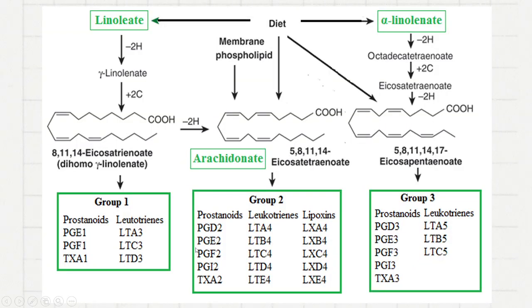And they are synthesized from, of course, eicosanoic acids, these are 20 carbon unsaturated fatty acids, from the essential fatty acids linoleic and alpha-linolenic acid, or can be directly from the dietary arachidonate and eicosapentaenoate. So this is linoleic. It can be used to synthesize group 1 prostanoids and leukotrienes. The dietary alpha-linolenic and arachidonate can give arachidonate for group 2 and eicosapentaenoate for group 3.